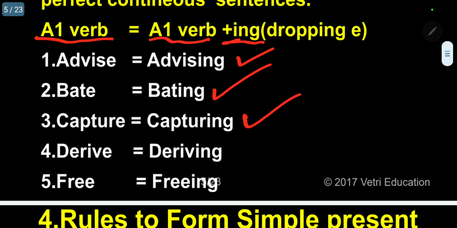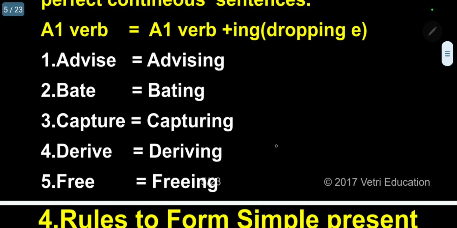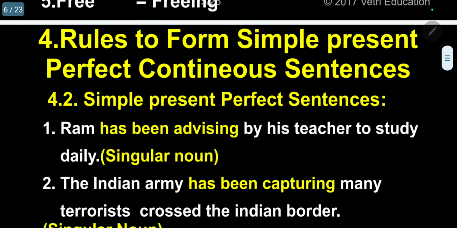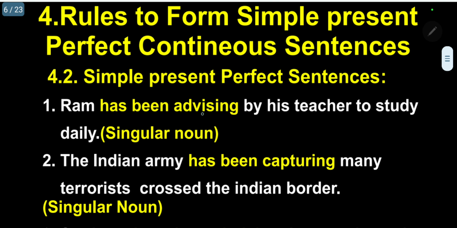Capture, capturing. Derive, deriving. Free, freeing. So in all cases, E is dropped and ing is added. This is the specific example I am giving, rule 2. Using this rule, I can give sentences for your understanding.